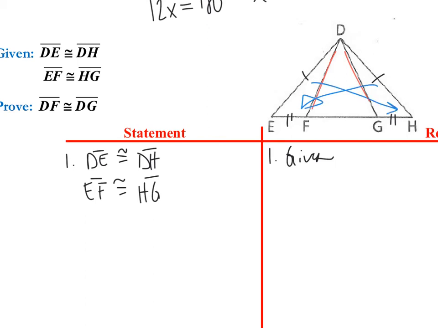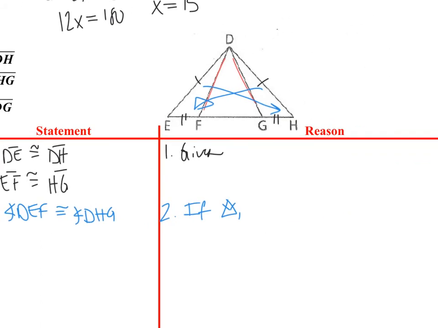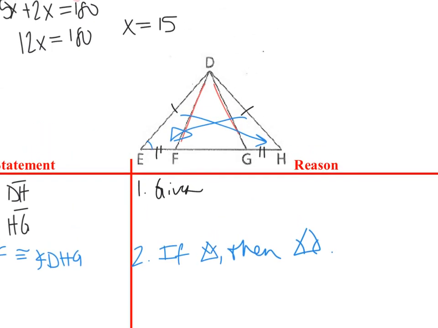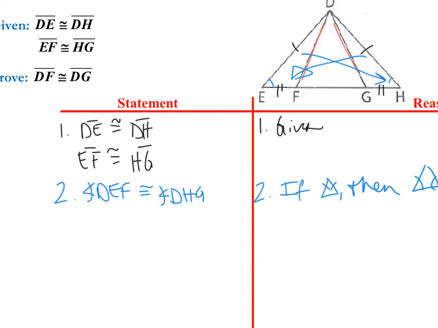So using our angle side theorems, if two sides are congruent, then that means that the angles opposite them are also congruent. So angle DEF is congruent to angle DHG. And that's because if two sides are congruent, then the angles opposite them are also congruent. So I'm going to go ahead and mark this. Well, hopefully now you can see that we can actually prove these triangles congruent already by SAS.